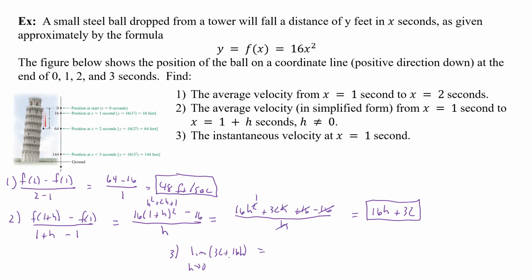When 0 goes in for h, we just end up with 32, and velocity is in feet per second. That's just a polynomial, so we just plug in the 0, and that is our solution. Okay, all right, so let's stop there and we'll come back with some more definitions.